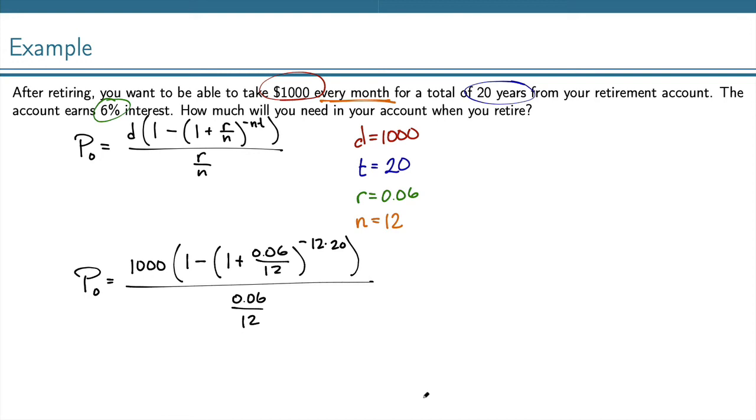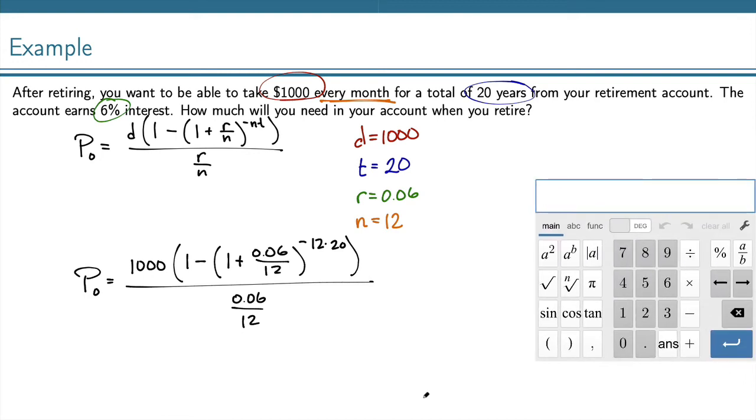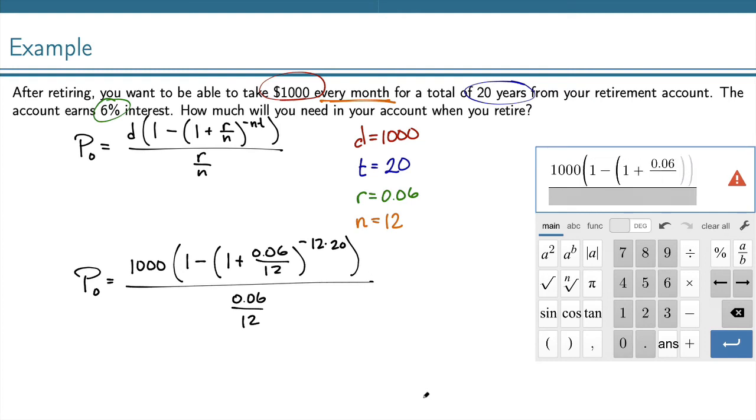So now we can go ahead and type this into our calculator. We have 1,000 times 1 minus 1 plus 0.06 over 12 raised to the negative 12 times 20.